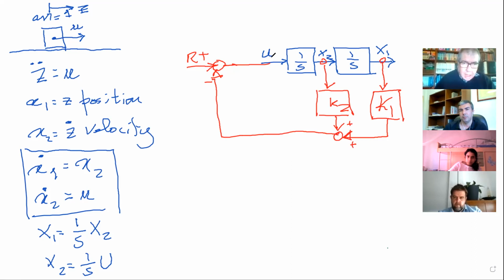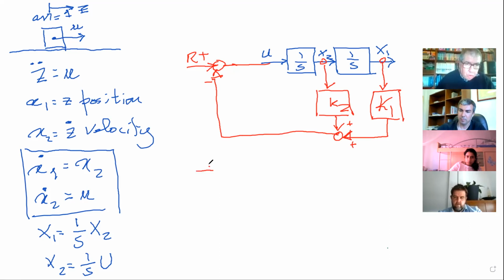Now, again, I want to express x1 as a function of r. But of course, I can start writing equations and eliminating variables and so on. But there is a trick that we can do. And the trick is this.